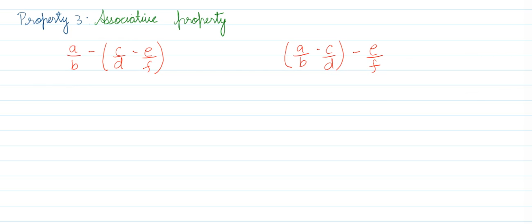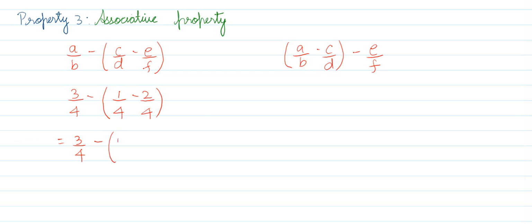So now we'll take an example where a by b is going to be 3 by 4 and c by d is 1 by 4 and e by f is minus 2 by 4. Okay. So according to BODMAS, we'll have to complete the bracket first, right?